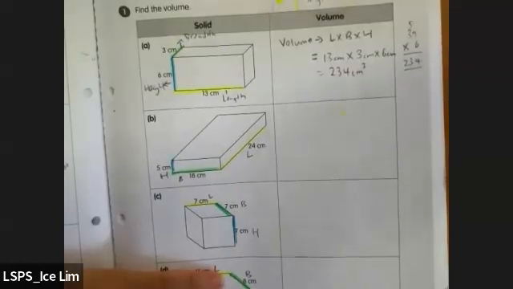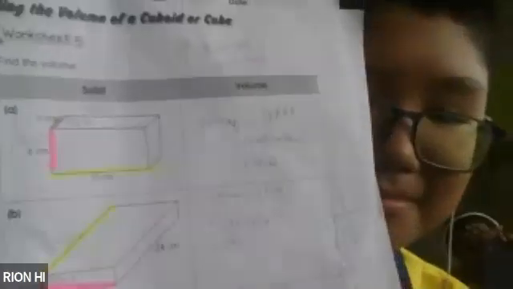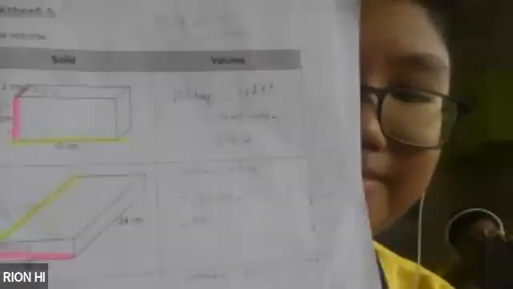Okay, all right, let's go with Rion. Rion, please show us your answer. Page 147, question B. Closer, please, so that we can see.